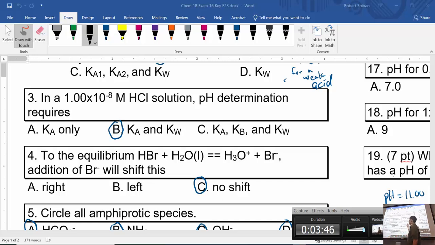Even though, if this is a regular equilibrium, then if we add additional bromide, it should shift it left, right? But this is a special circumstance where strong acids. Strong acids are strong electrolytes. Strong acids, strong bases, and soluble salts are not going to shift. Le Chatelier's type shift.